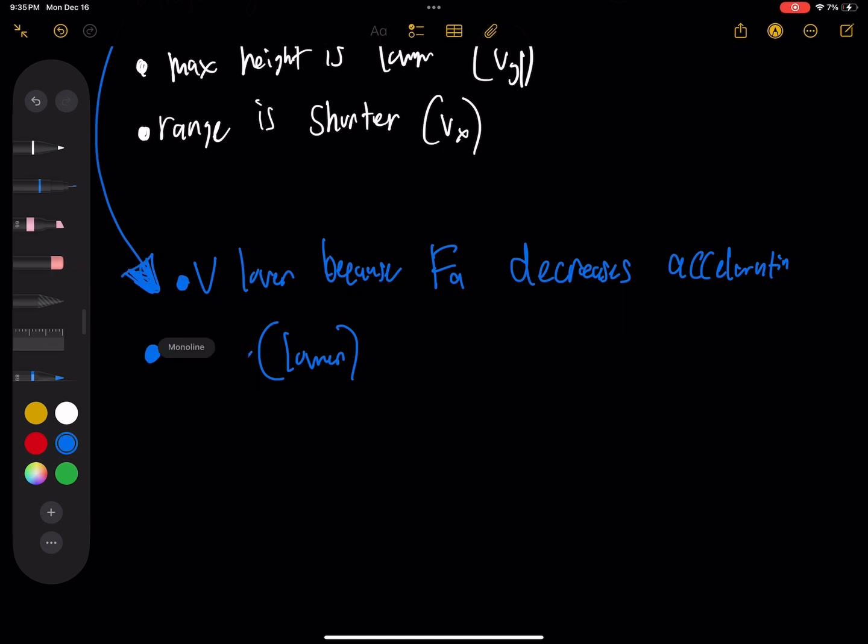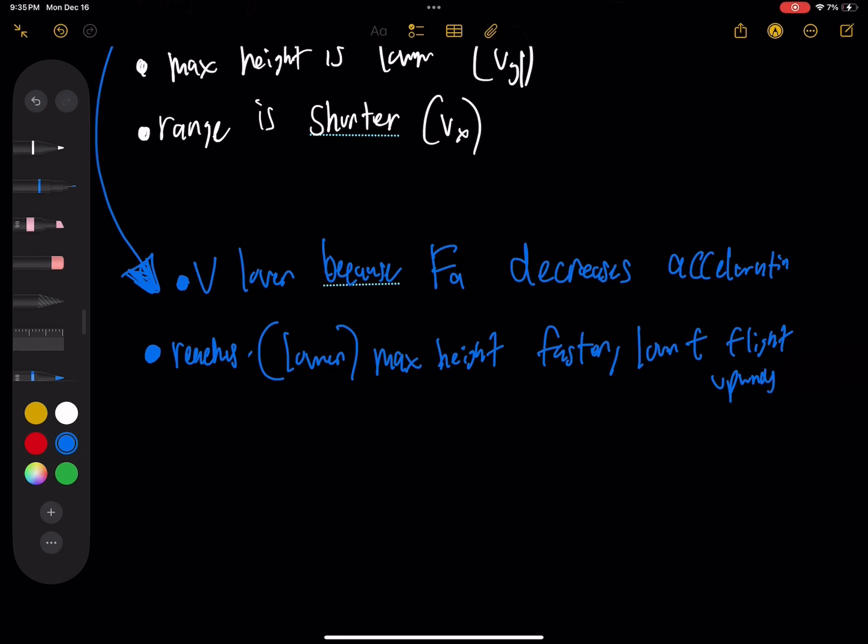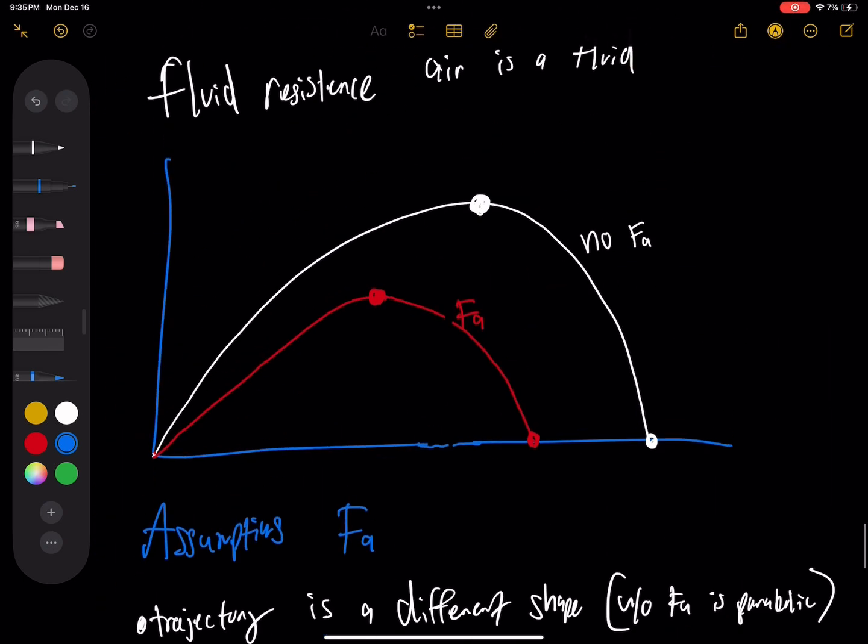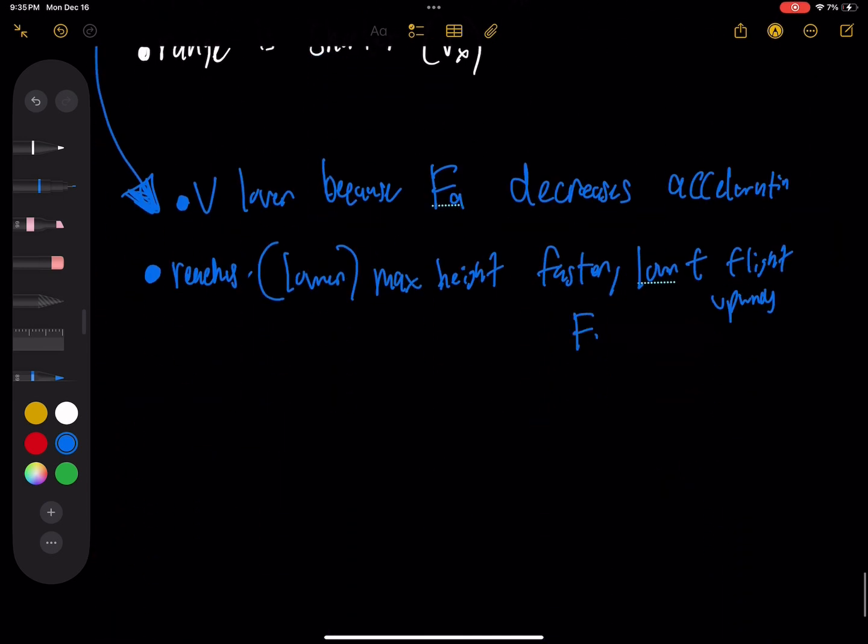It's the max height that the projectile is going to reach, which is lower. It's slower, and this is because of a lower time of flight upwards, because air resistance is going to be pushing on the object as it's being thrown upwards, and it's going to stop it, because it's going to be air resistance plus gravity, and that's going to stop it. That's going to make it slower.